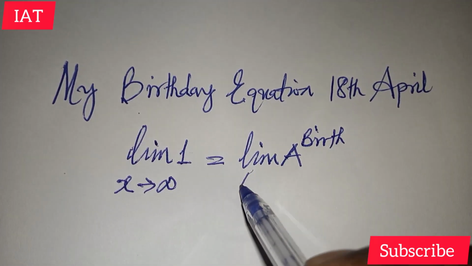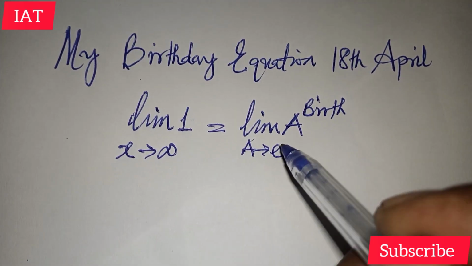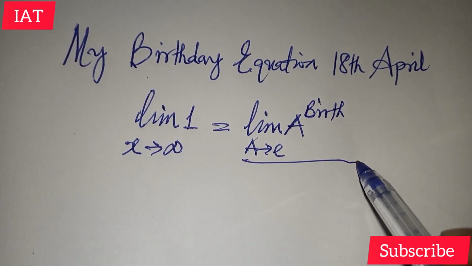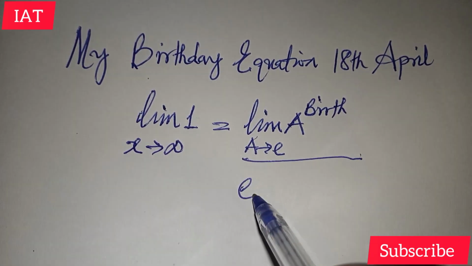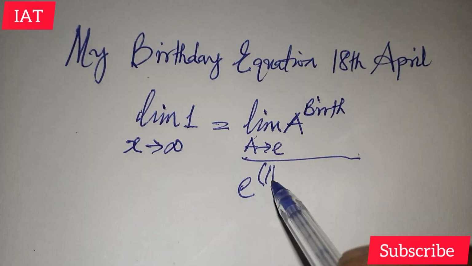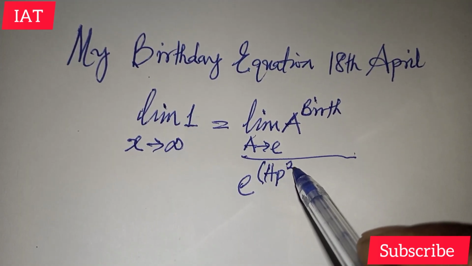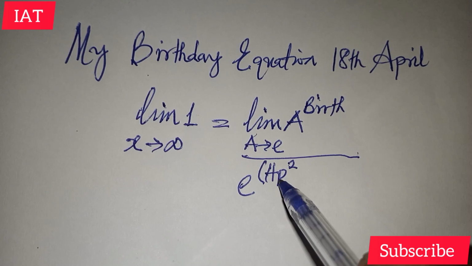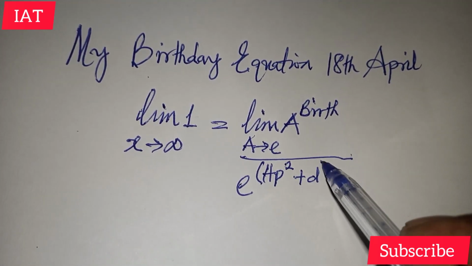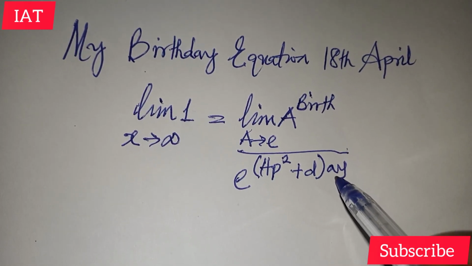And then as Alison approaches E, which is a term in my surname, either of the Zychios or the Otuebe, and I will divide this by a term of my name, E, and raise it to the power of, I will have H, which is an arbitrary constant, P also an arbitrary constant that I need to square, plus D, which is also terms of a constant multiplied by AY.